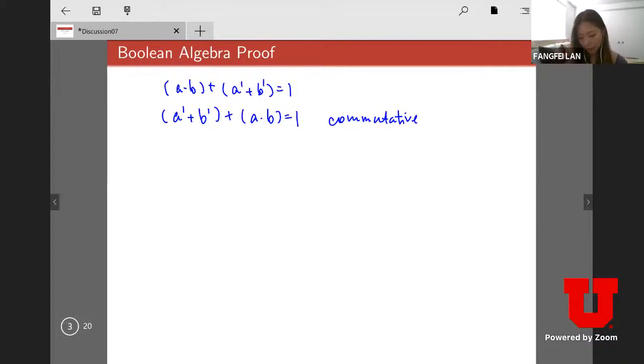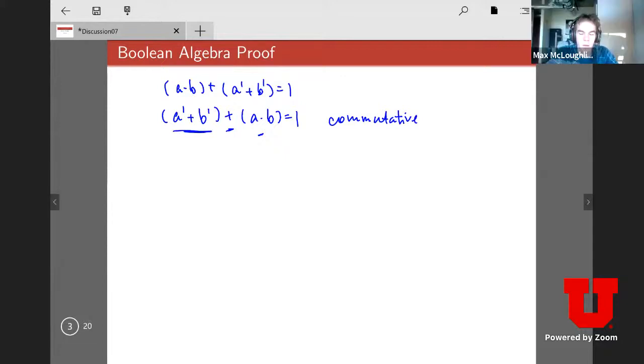Notice that we have a plus and a multiply. Would that be like a law of complements or something like that? So you mean this one? Yeah, anything plus the complement of itself would be 1. But what's the rule for that?